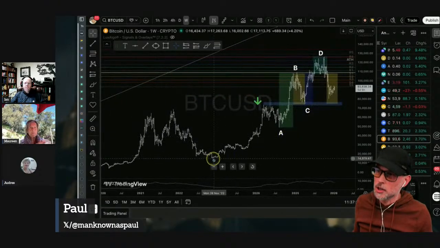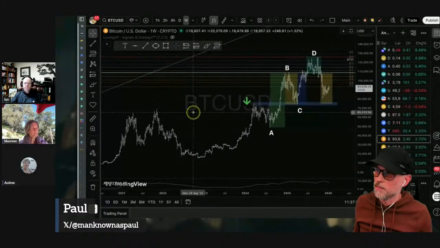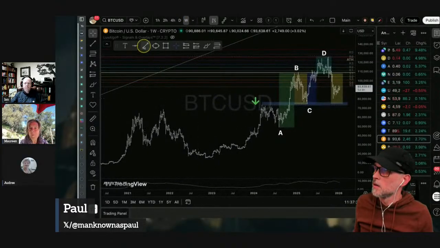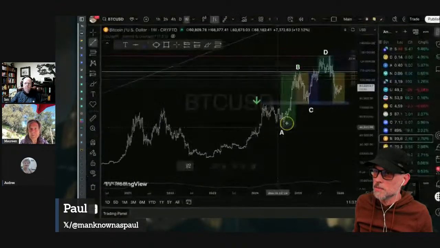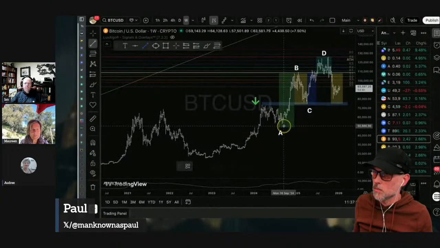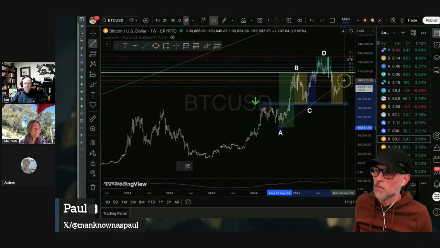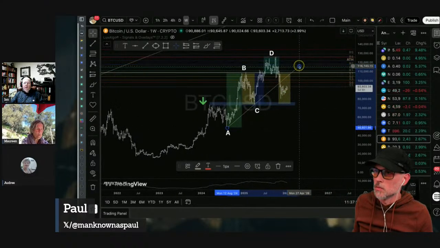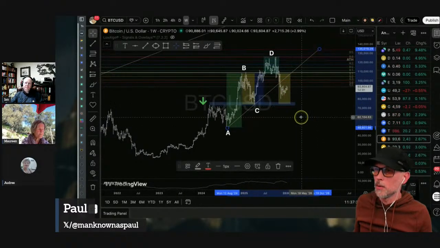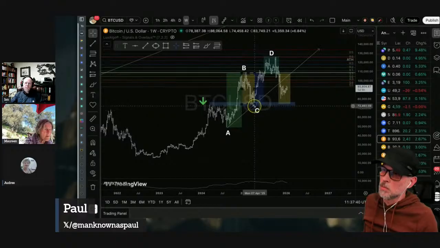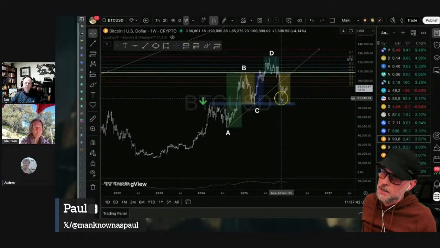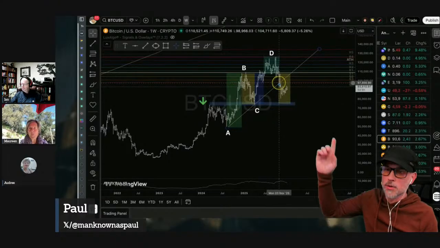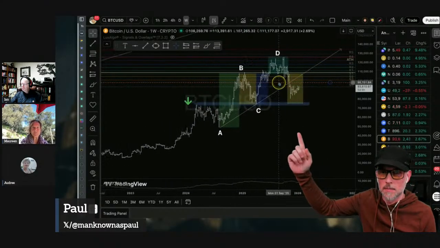If we take a look at the trend right now, this is the weekly chart. There's the mode that we're in right now. We are now below that, yes, but we have not broken market structure. We simply broke through a support line.